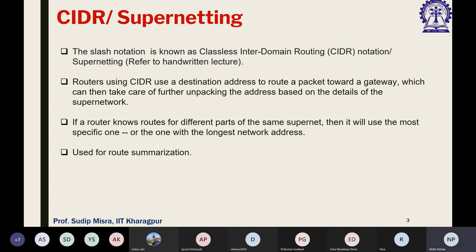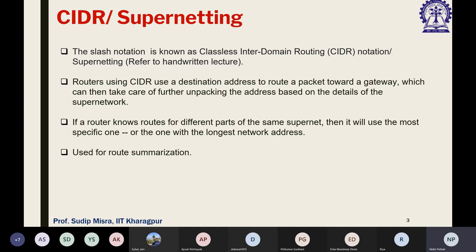Okay, so this kind of question may be asked when we are talking about CIDR supernetting. Another type of question that might be asked is: what is the supernet mask? There is a concept of supernet mask. Now, to get the supernet mask, for each of these networks you need to replace the fixed part.